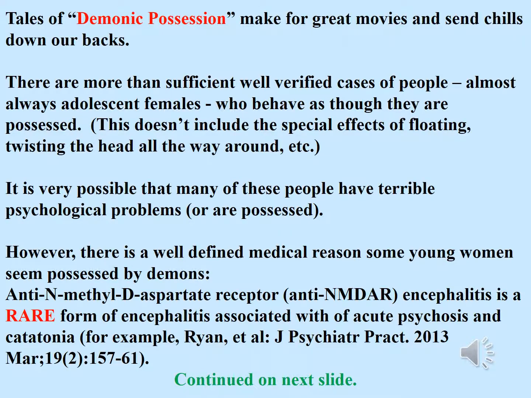There's a type of encephalitis that's very, very rare, that's associated with acute psychosis and catatonia. And this tends to produce many of the symptoms that would be associated with demonic possession.